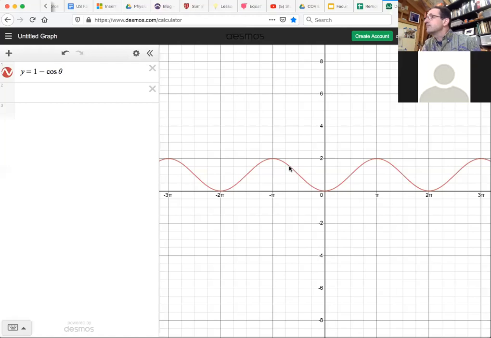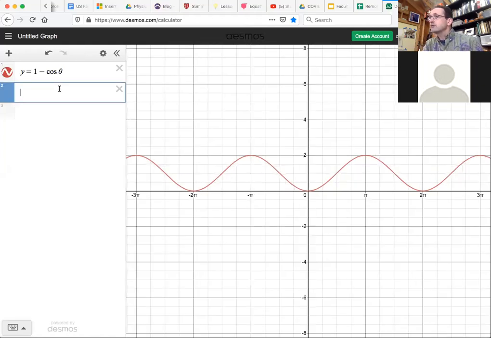Cool. You can see that I've already graphed y equals 1 minus cosine theta on this Desmos thing. Let's see what that actually is. To me it looks like it's going to have a squared term of a sine, because it starts off at 0 and goes up in sort of a parabolic direction in both directions.